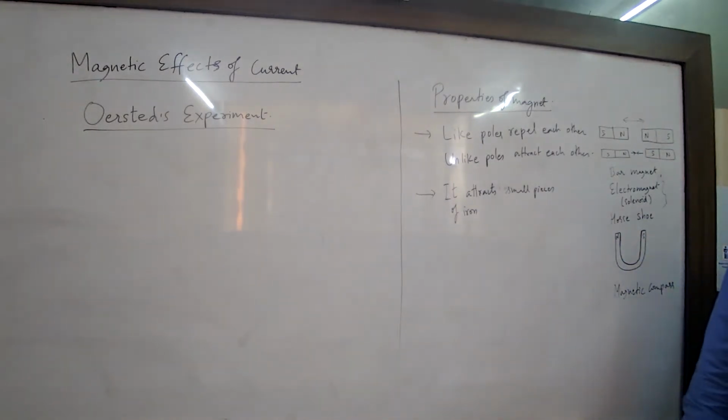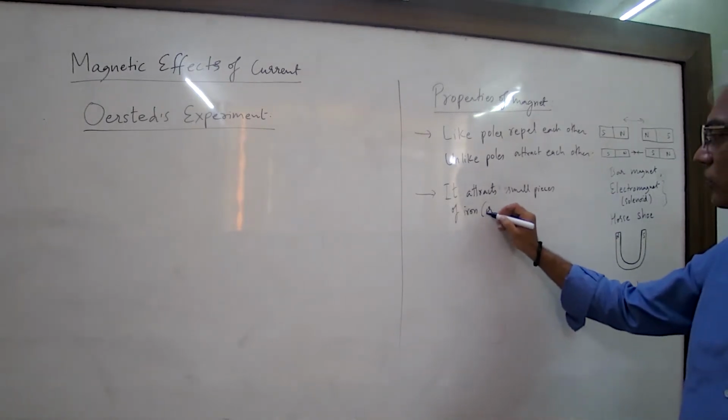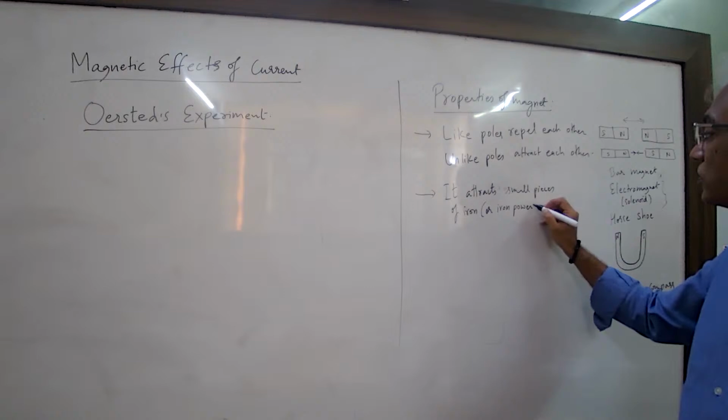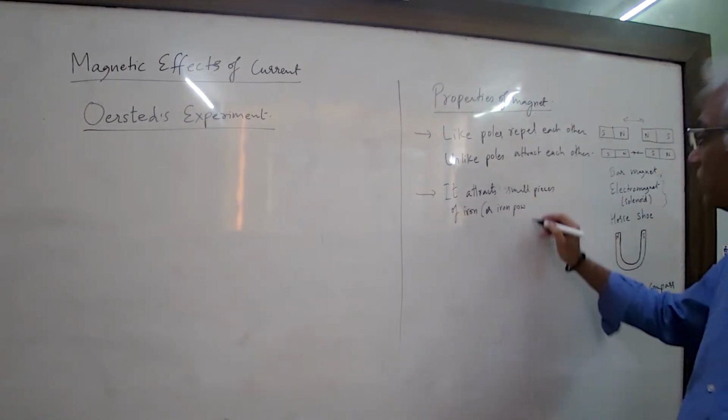So it could be iron powder or iron filings. What else? The magnetic field lines of a magnet. Field lines, you leave it right now.